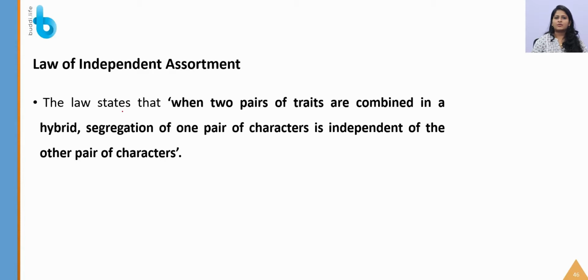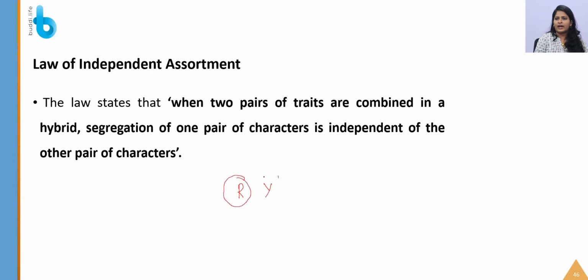So this gave a conclusion of the law of independent assortment. What Mendel is stating is, when two pairs of contrasting traits are combined in a hybrid, segregation of one pair of characters is independent of the other pair of characters. So what is he concluding from this? We saw round and yellow color seed.